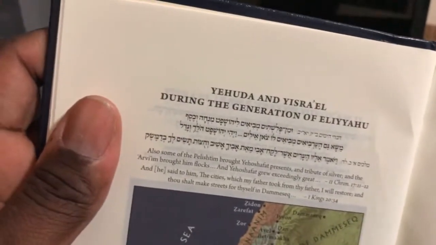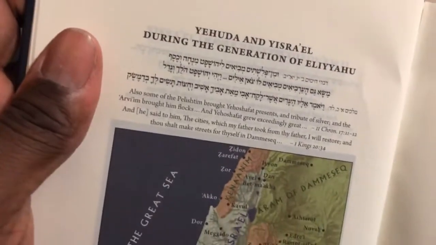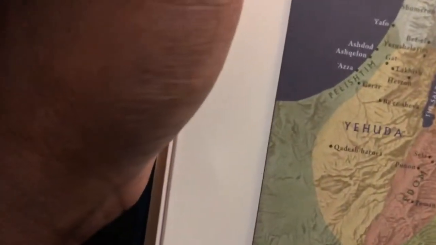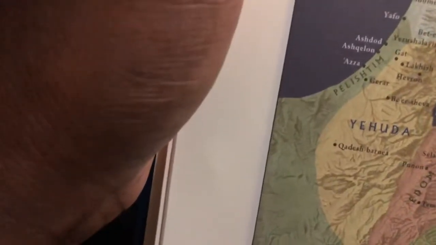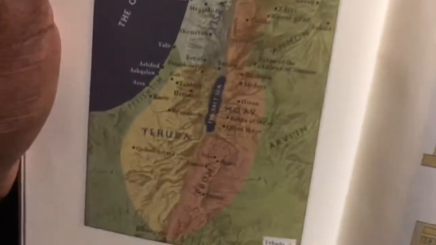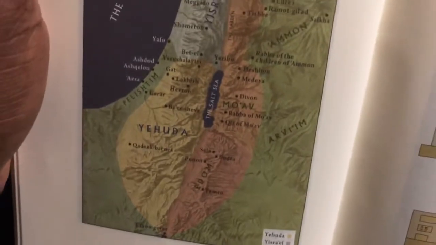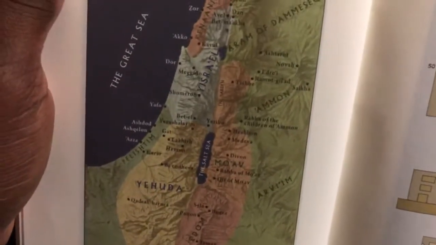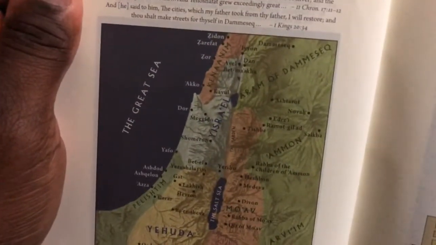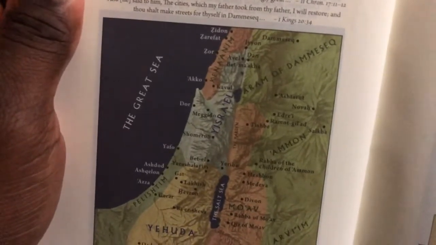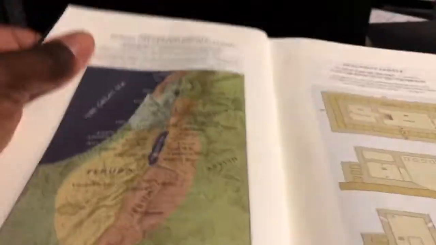This is Yehuda and Yasharal during the generation of Eliyahu, or Elijah, right? So that's Yehoiada, Edom, Moab, right? That's Yasharal. Remember the split kingdom, right?